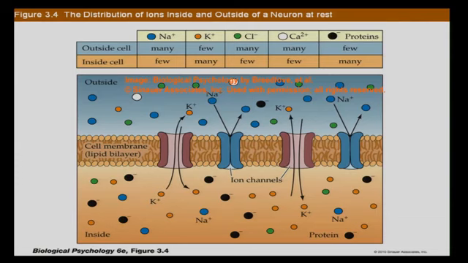You'll see a lot of potassium on the inside, the orange dots, very little on the outside. But what you see a lot of on the outside is the blue sodium, the green chloride, and the white calcium. Chloride and calcium, don't worry about that. But you do need to know and be able to reproduce the sodium, potassium, and proteins inside versus outside.